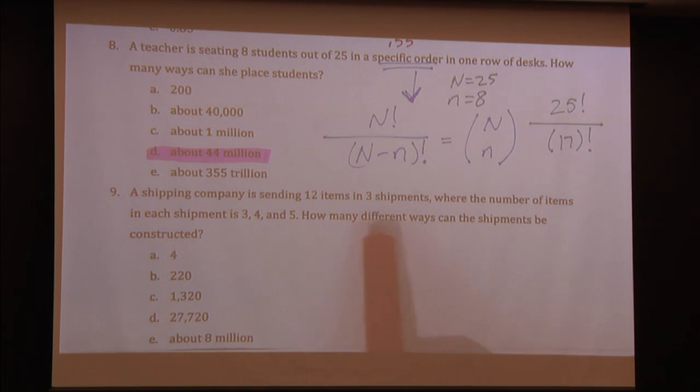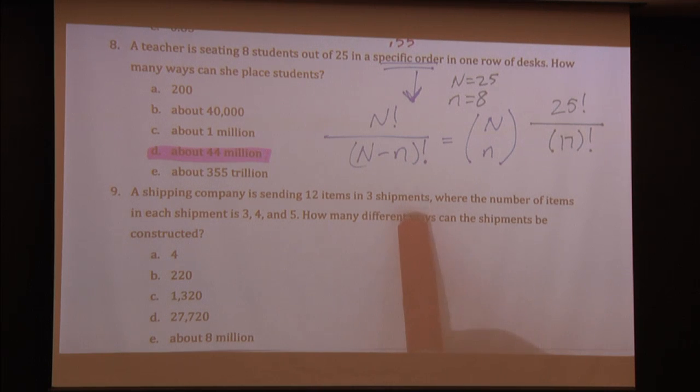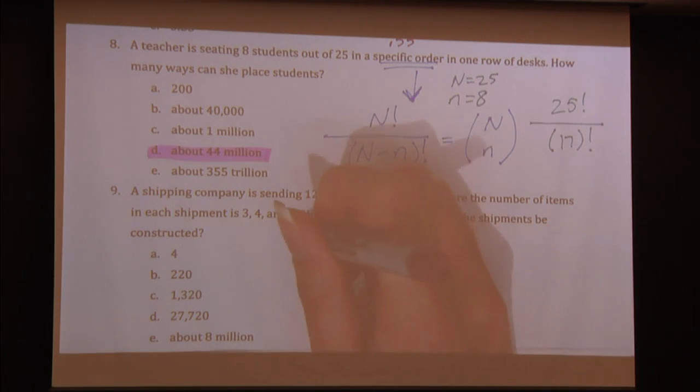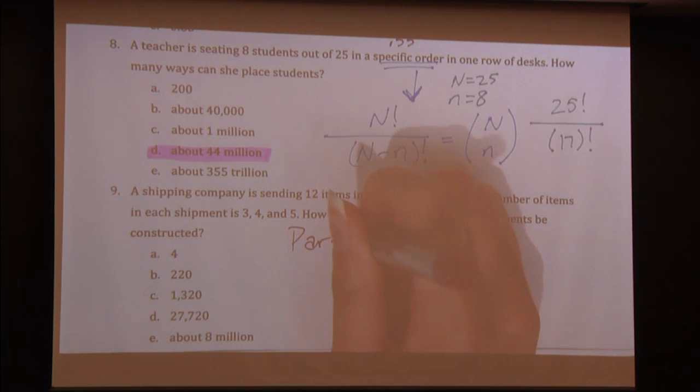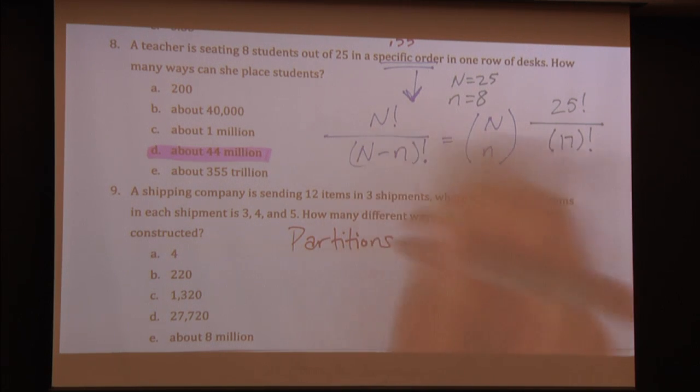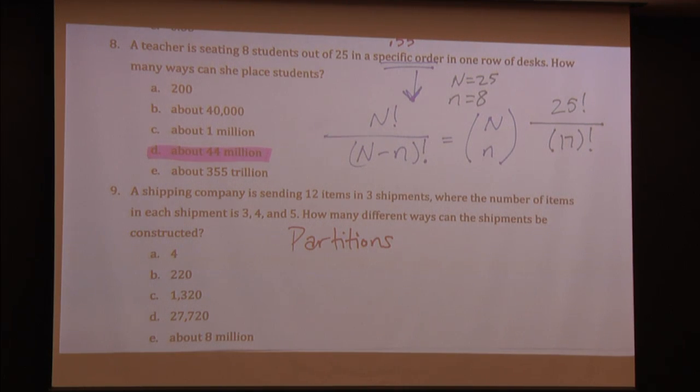So here we're placing a certain amount of items in a certain number of groups with a certain number in each group. So is that a combination or a partition? So partition. With partitions, we're looking at placing people into certain sizes of groups.